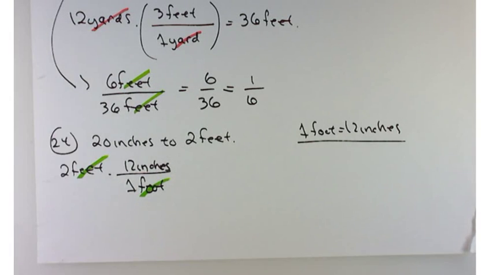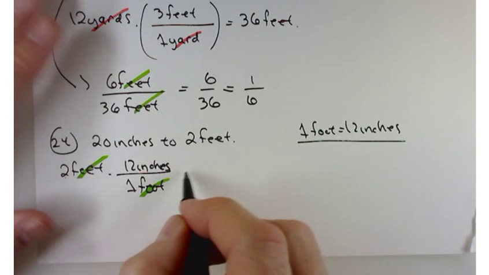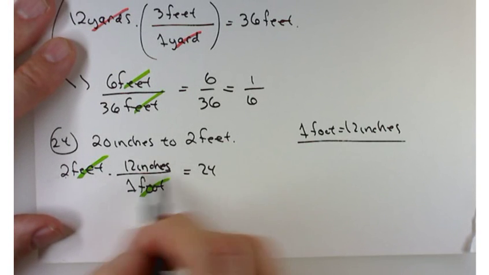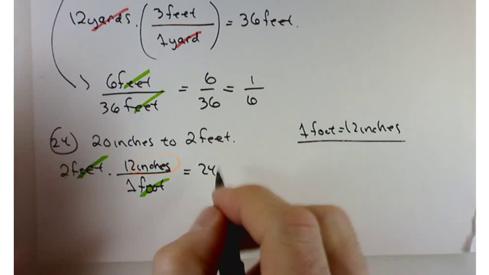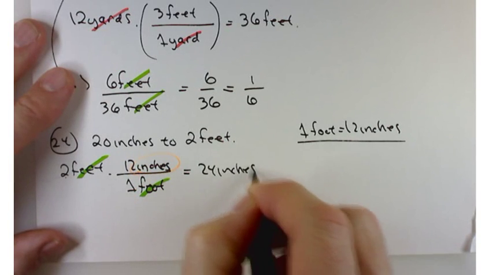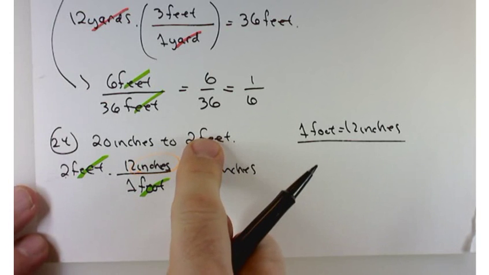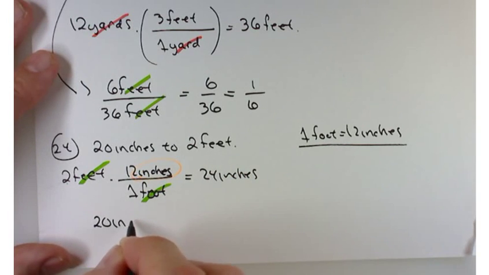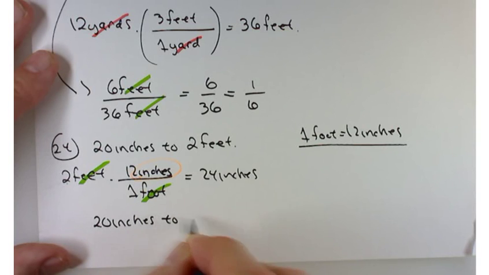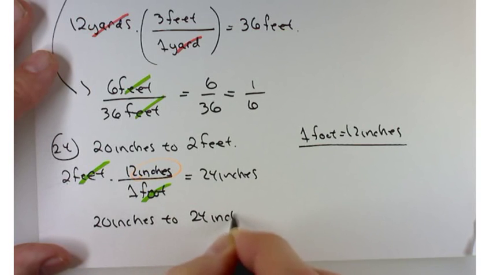Units of feet will cancel. 2 times 12 is 24. And the units that I'm left with are inches. So I can replace 2 feet by 24 inches. So this is going to be the ratio of 20 inches to 24 inches.